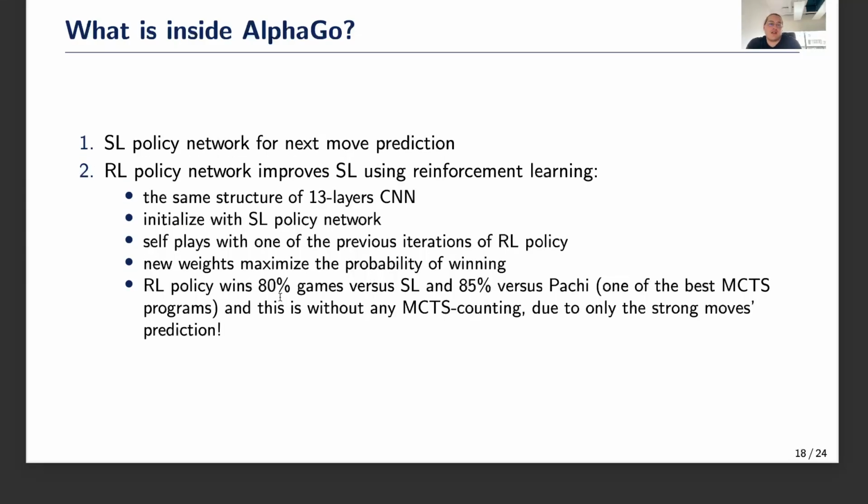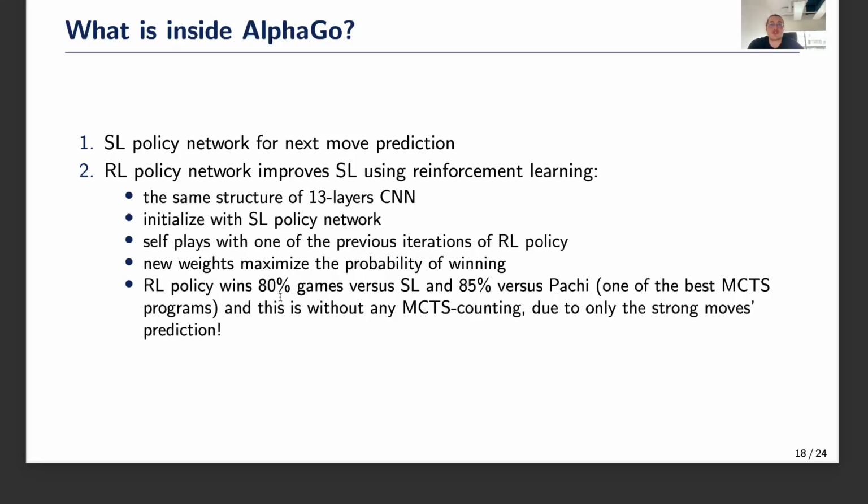Next. Previously, we saw how AlphaGo learns to imitate human players with the supervised policy network, but imitation can only take you so far. To go beyond human-level play, AlphaGo needed to improve by playing against itself, and that's where reinforcement learning comes in.